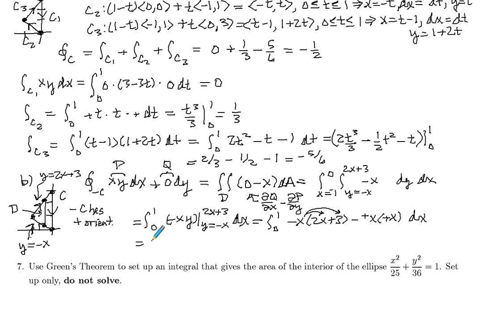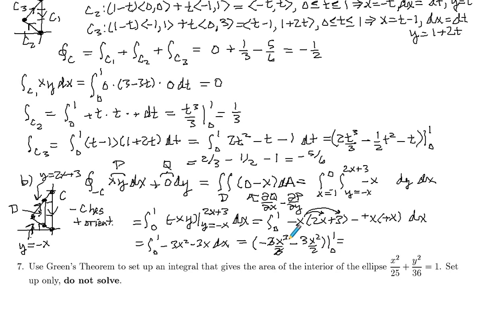So this is the integral of -3x squared minus 3x dx. And that gives us antiderivatives: -3 x cubed over 3, so these cancel, and then minus 3x squared over 2.